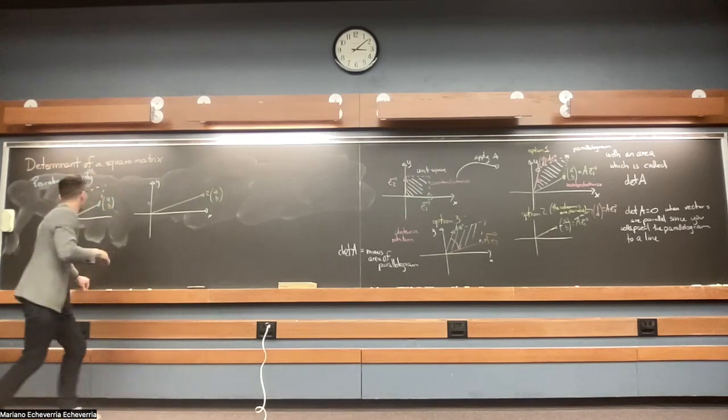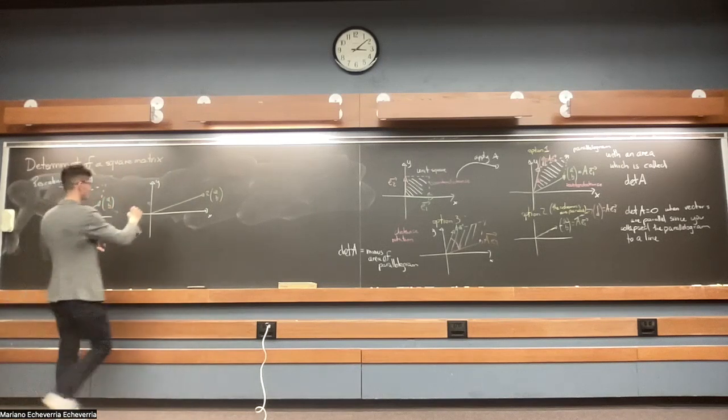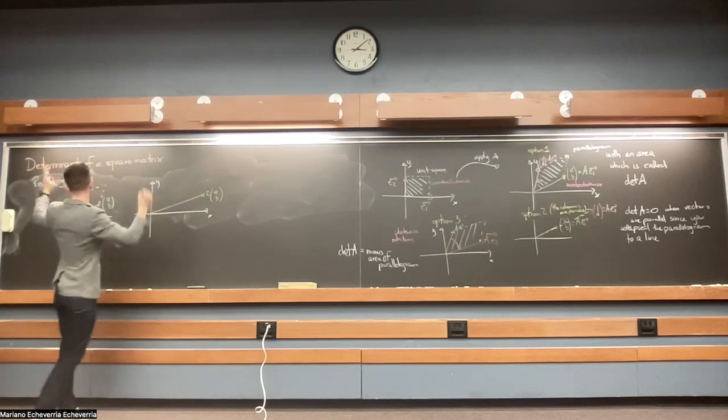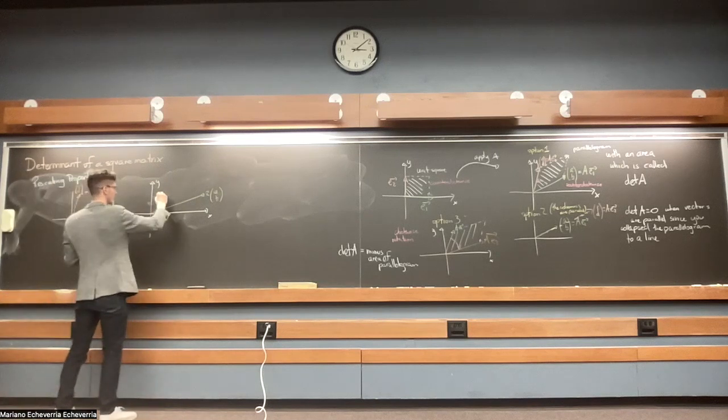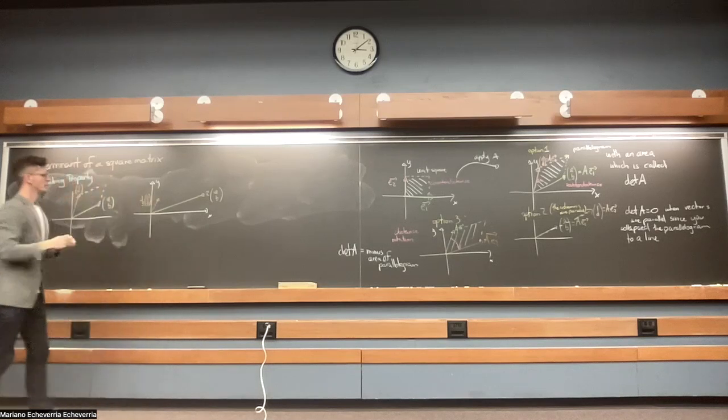And let's say, just to make it concrete again, I make this vector a third of the original size. So I multiply this by 1/3. Is that making sense?